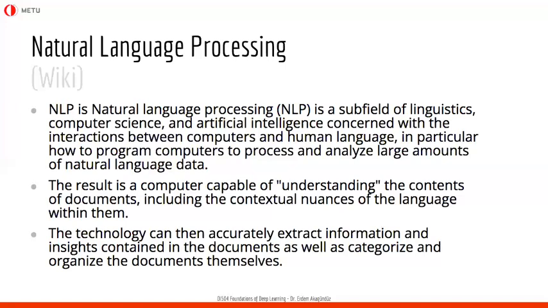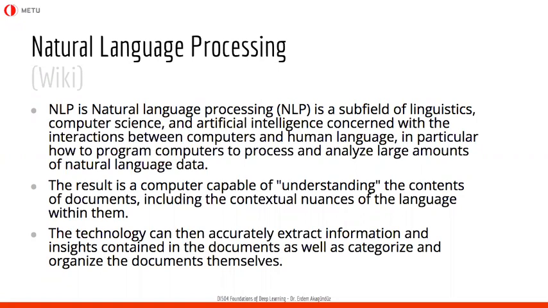So I've put some paragraphs from Wikipedia about natural language processing. It's a subfield of linguistics, computer science, and artificial intelligence concerned with interactions between computers and human language, like how to program computers to process and analyze large amounts of natural language data, whatever it is. Just like I said, it could be English language or it could be Python, whatever.